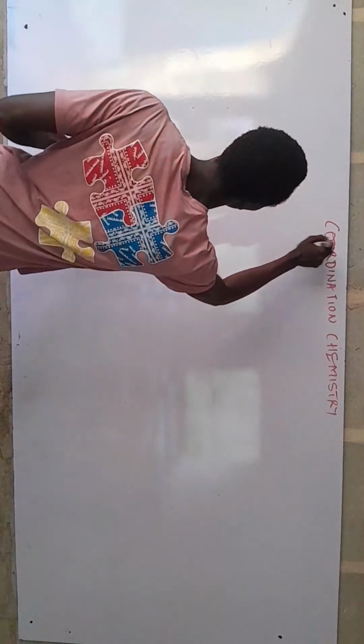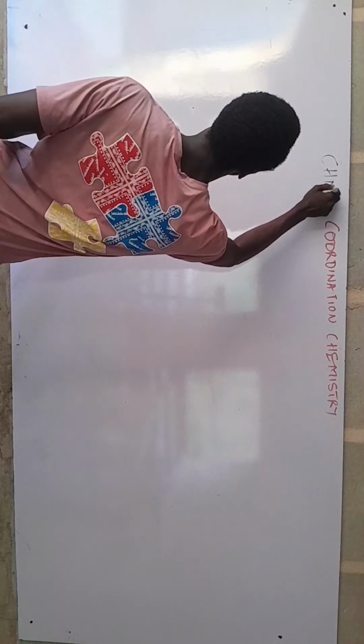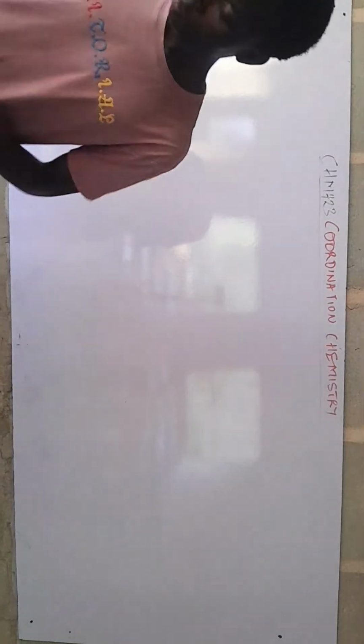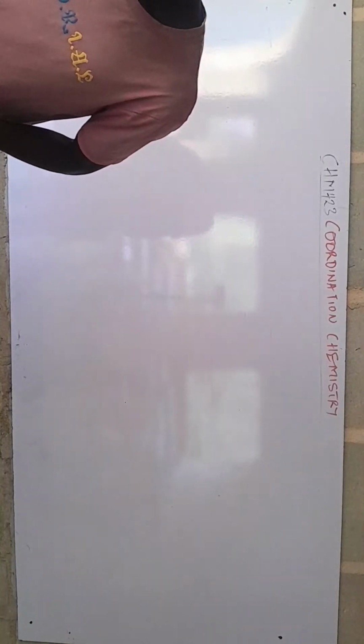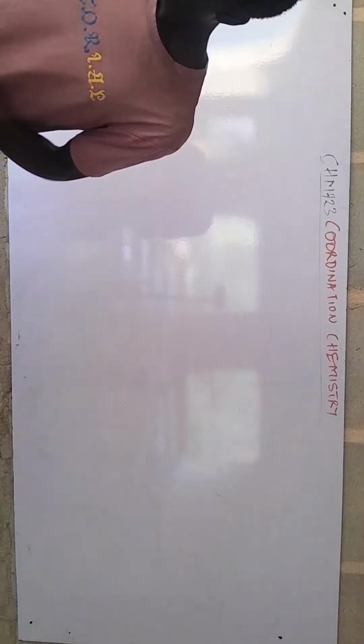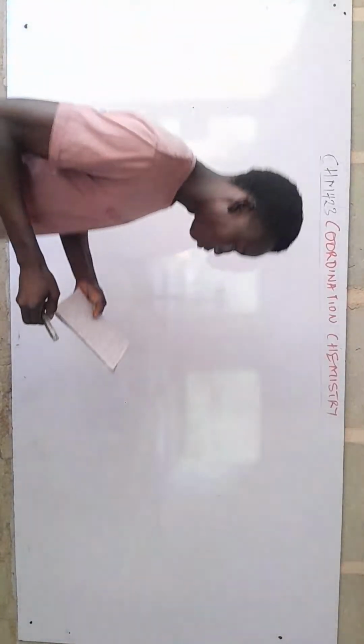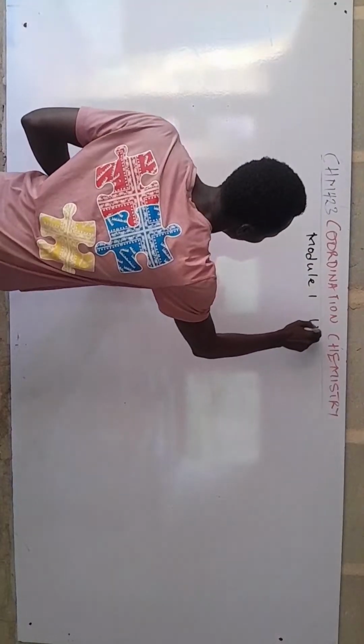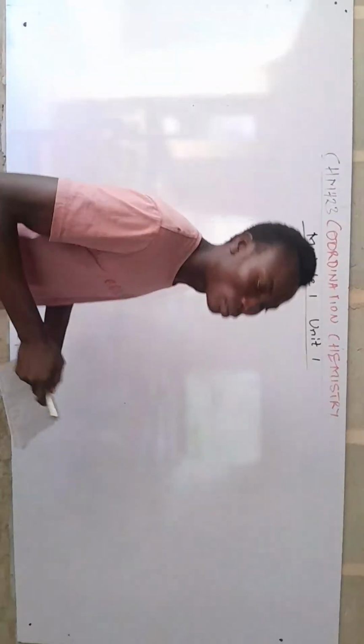Coordination chemistry has to do with complex compounds, that is, complex ion compounds. That is what we're going to be discussing this morning, and we're going to start with module 1, unit 1.